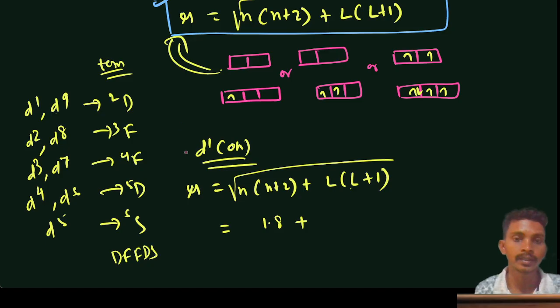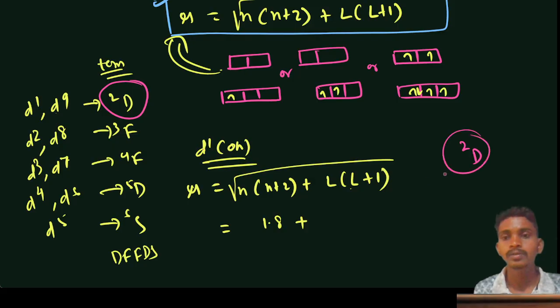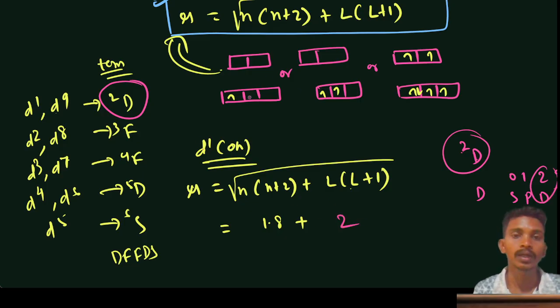So from here, since this is d1, the term we get is D. For L, we know 0, 1, 2, 3 are S, P, D, F, so the L value will be 2. So no need to calculate the L value; we can directly understand that it is 2.